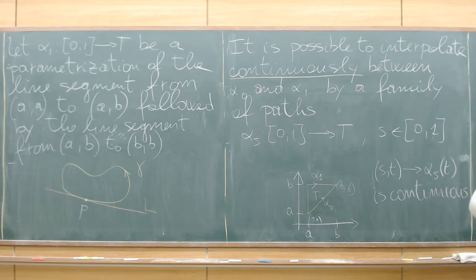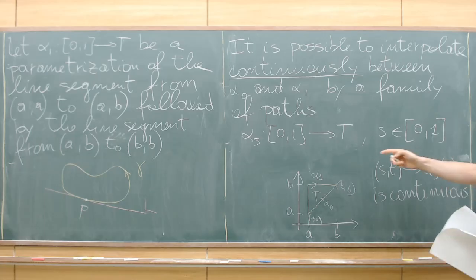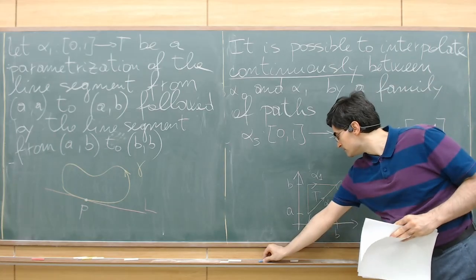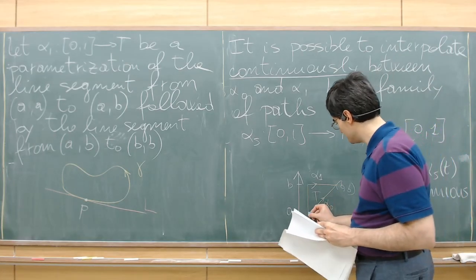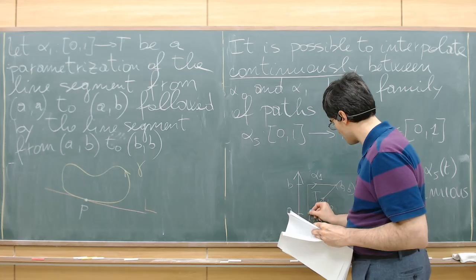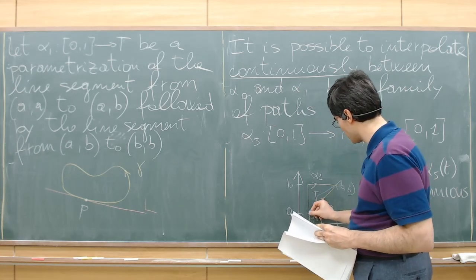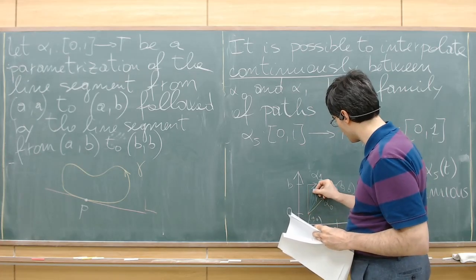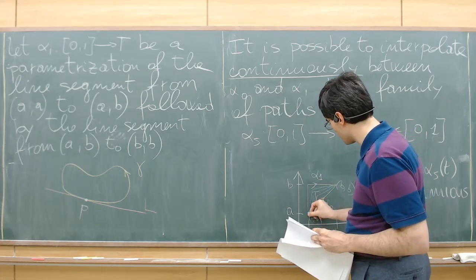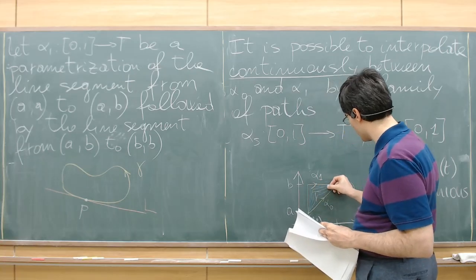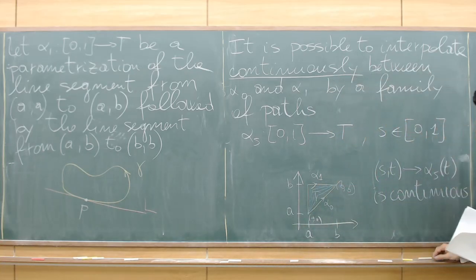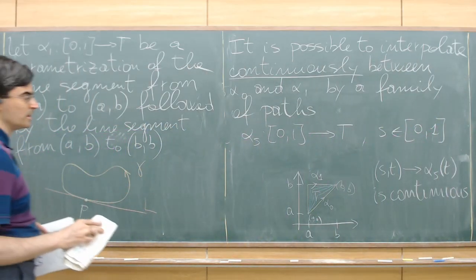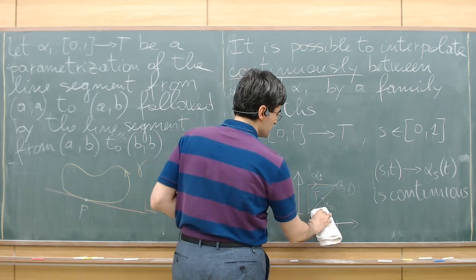So you can represent this family of paths, for example, this way. This is an example of interpolation between alpha 0 and alpha 1.